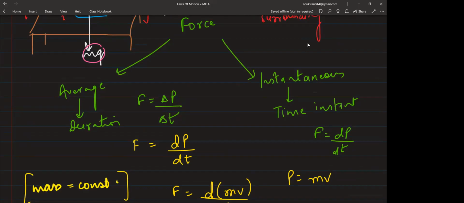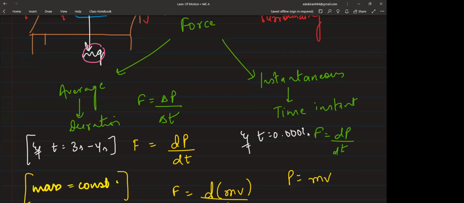Whenever you have a duration, for example if I say T is equal to 3 seconds to 4 seconds, that's a duration. And if I say on the other hand time is 0.00034 seconds, this is an exact instant of time. When you have the duration, you use the average formula, delta P by delta T, meaning final momentum minus initial momentum divided by final time minus initial time.